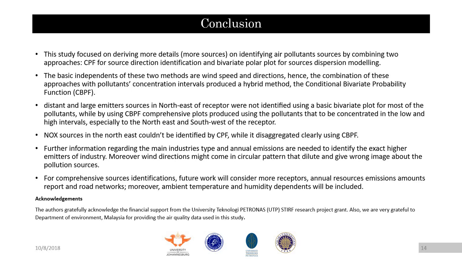This needs to be considered in future research. And for comprehensive source identification, future work will consider more receptors, annual emission amounts, reports, and the road network, which is also one of the most important and effective emitters. Moreover, ambient temperature and humidity dependence will be included.